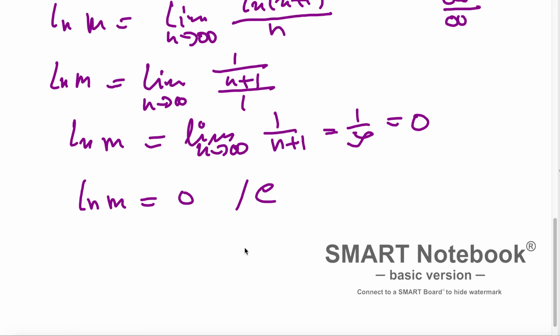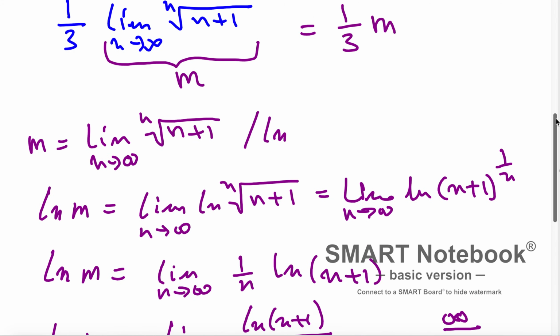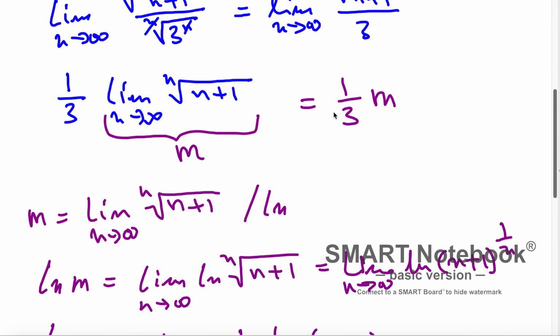If we apply e to both sides, e to the ln m is m, and e to the 0 is 1. But we shouldn't forget that m is equal to 1, and in front we have 1/3.